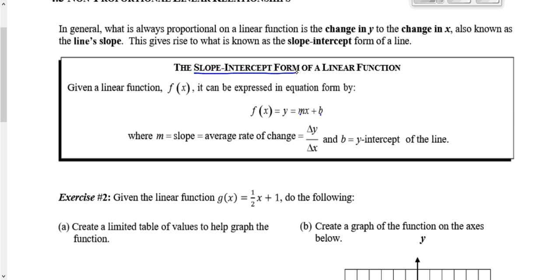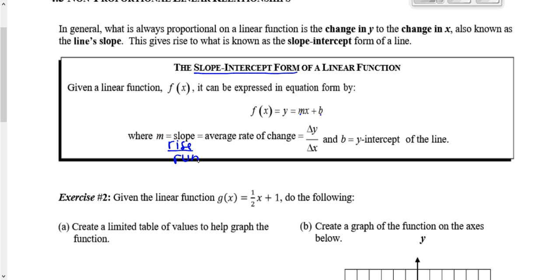Between two points, the difference in how high they are on the y-axis. You subtract the two y values to get that, and for the run you subtract the two x values. That's called a difference. So m is the slope. It's also the average rate of change. It is rise over run.